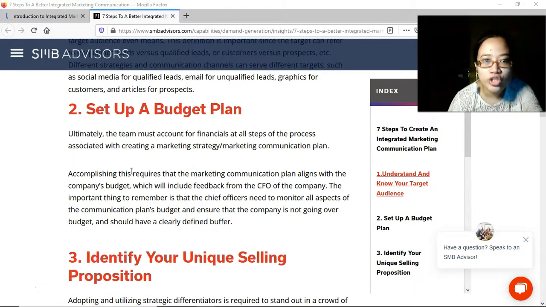Secondly, set up a budget plan. Ultimately, the team must account for financials at all steps of the process associated with creating a marketing strategy or marketing communication plan. If you have an unlimited budget, then normally you can go ahead and do whatever you want. But if there is a constraint on the budget, then you might be restricted as well.